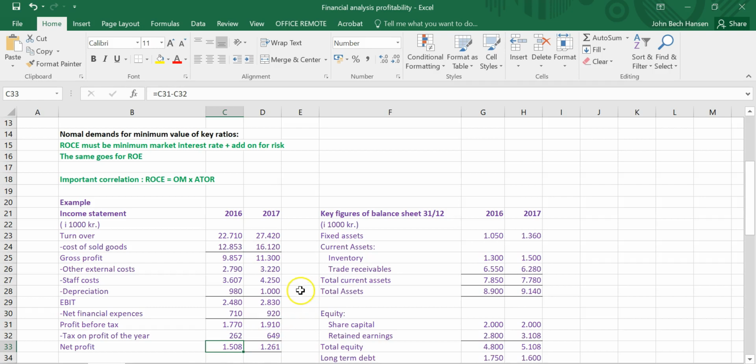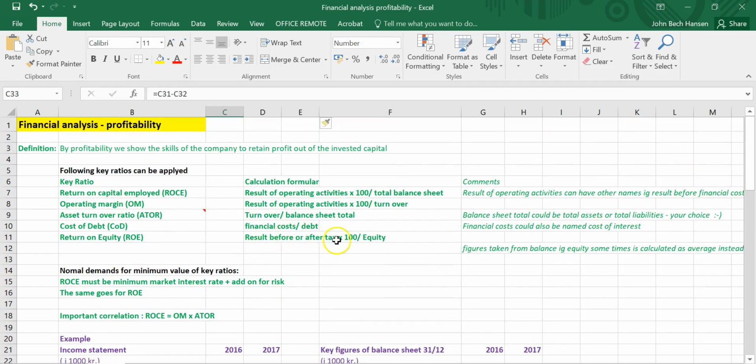The company gets what is called retained earnings, so that stays in the company, and the rest goes to the shareholders. So tax here is a special thing, and as I said, you can choose what you would like to measure against equity.